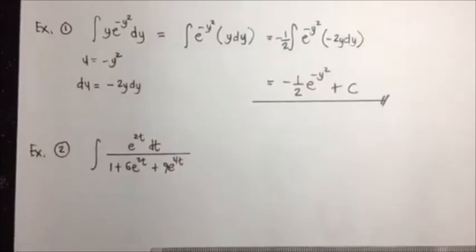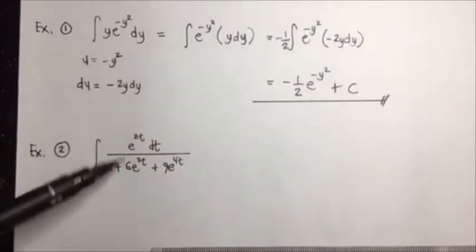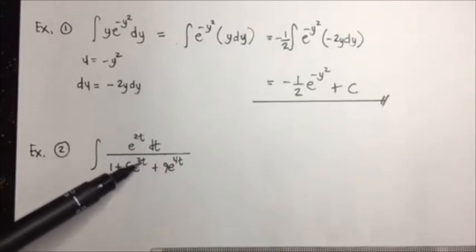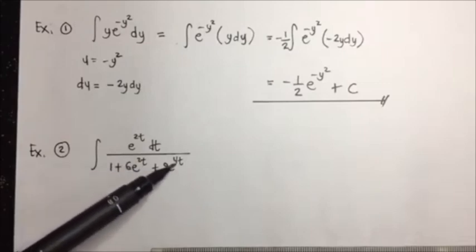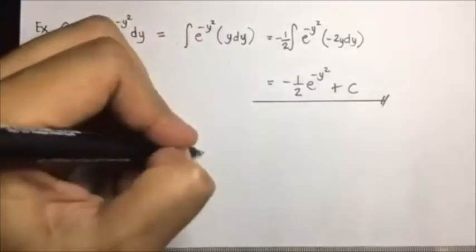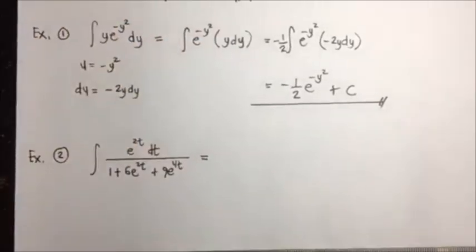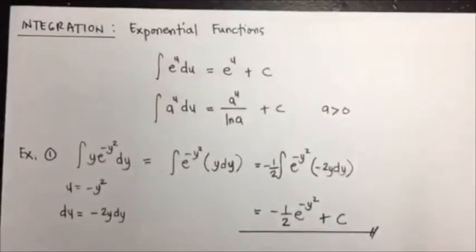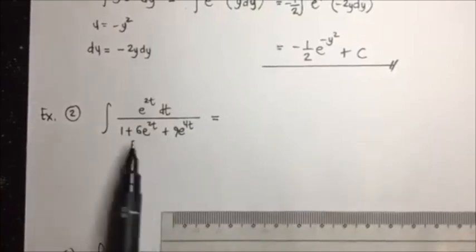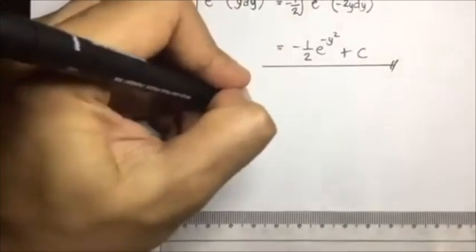Another example, we have the integral of e to the 2t dt all over 1 plus 6e to the power of 2t plus 9e to the power of 4t. In this case, this is actually just the general power formula and not this formula here. As you can see, the denominator is a perfect square trinomial that we can factor.